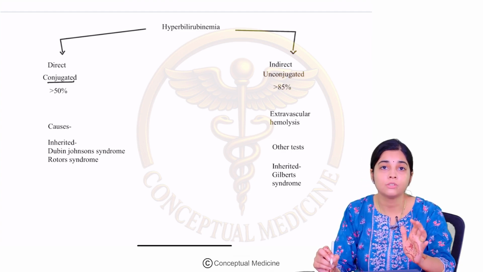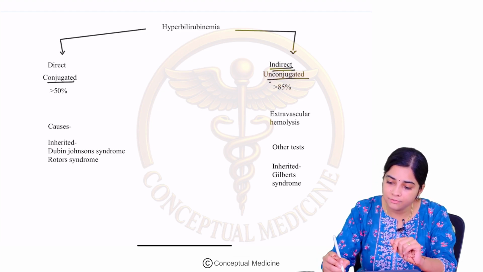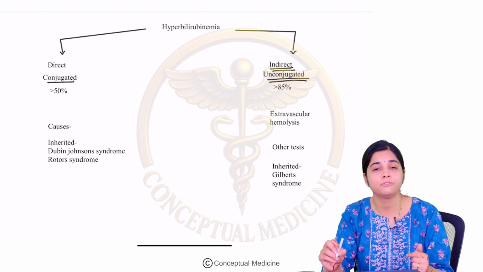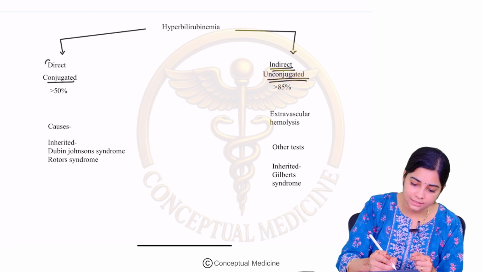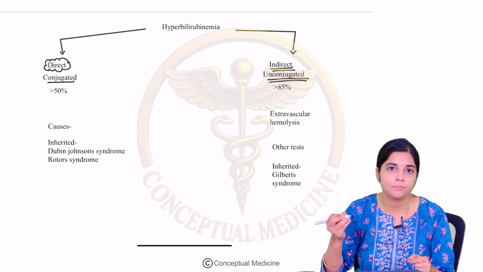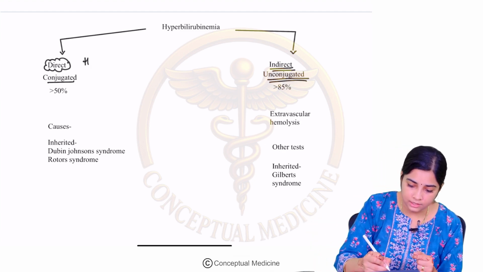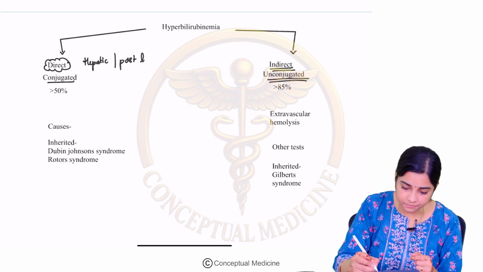And indirect hyperbilirubinemia basically refers to when the unconjugated bilirubin fraction gets elevated. Okay. So let us understand that direct bilirubin, when will it increase? Whenever the process is in the liver or after the liver in the bile duct, right?